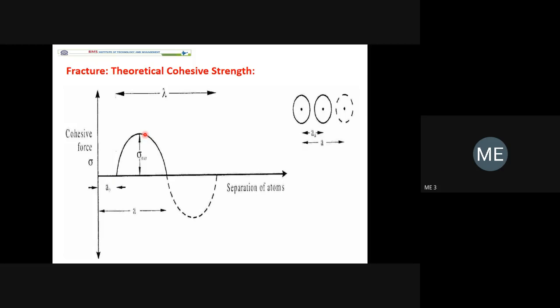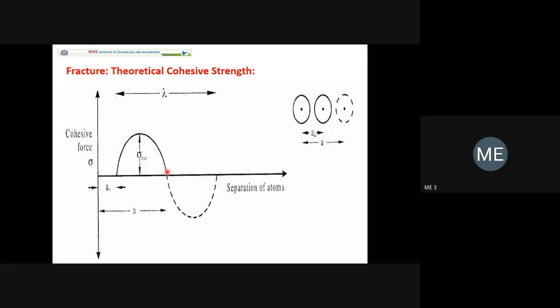Then after reaching some threshold or critical value of the distance, imagine around 1000 angstrom, the cohesive, attractive force decreases a bit. It's almost like a magnet. If magnets are kept very close to each other, there is a strong attractive force.